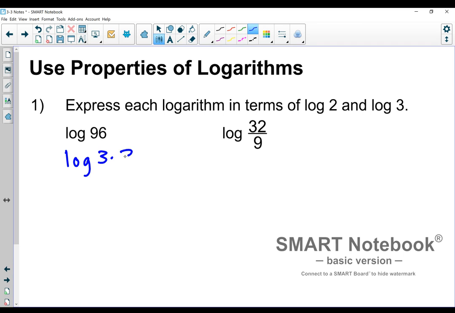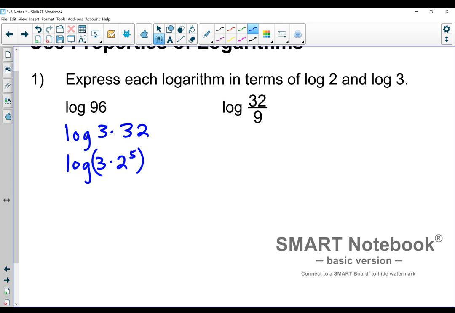So 3 times 32, and I know that 32 is 2 to the 5th power. I'm going to put parentheses just so I'm really clear. So because the 3 and the 2 raised to the 5th power are being multiplied, I can break this apart by adding those logs. So log 3 plus log of 2 raised to the 5th power.